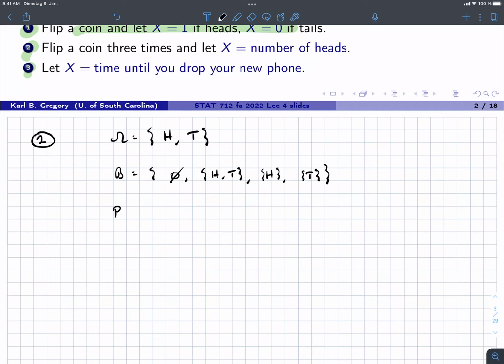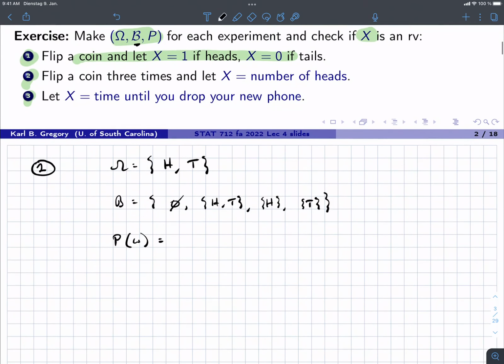And then the function p of little omega is going to be equal to 1/2 if omega is heads and 1/2 if omega is tails.